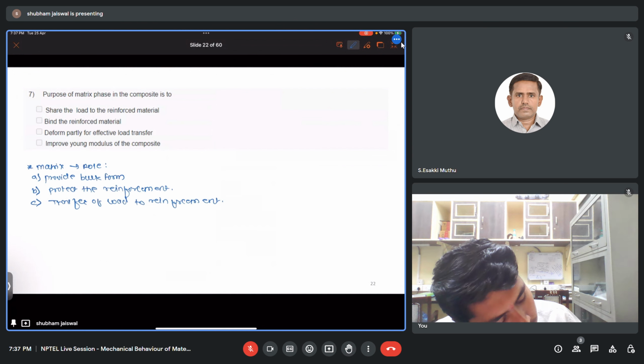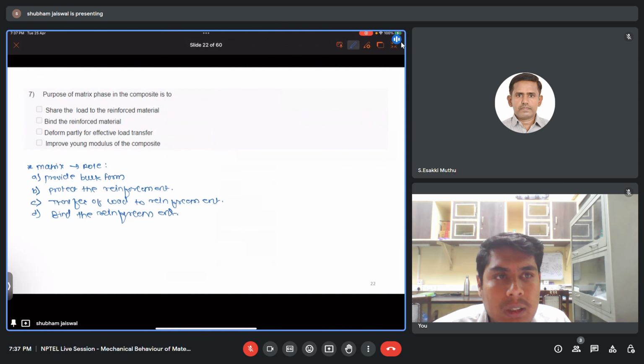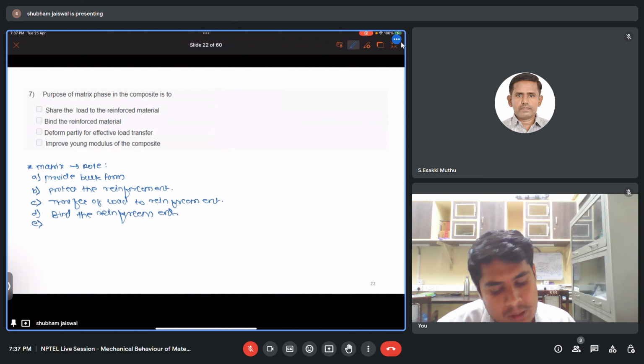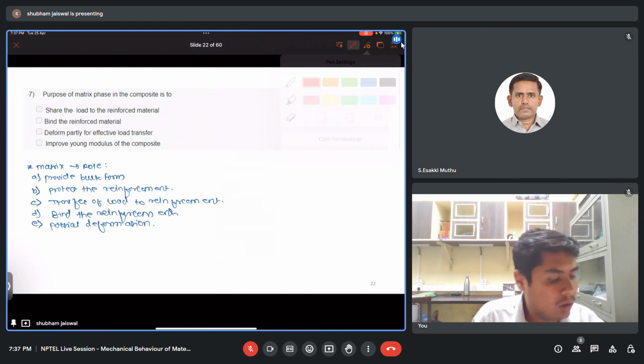Then it should bind to the reinforcement. If the binding is not good, we will not get the desired properties. Then in the last, that is partial deformation. So these are the roles of matrix.